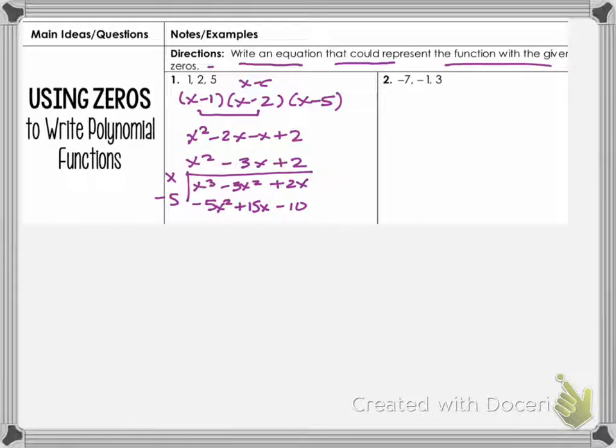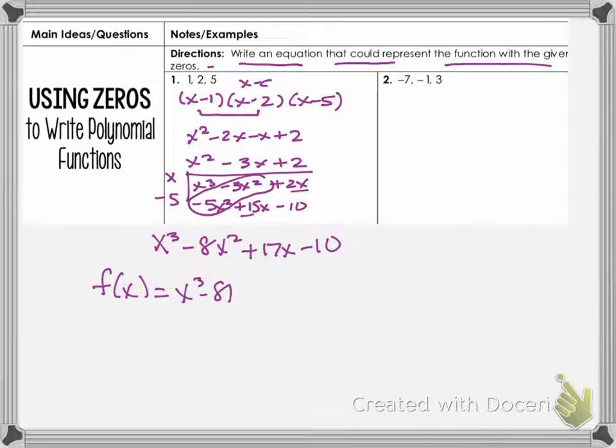So hopefully I didn't do anything wrong. You get x cubed. These two I can combine: minus 8x squared, and these two, plus 17x minus 10. Let's see, x cubed minus 8x squared plus 17x minus 10. That's right. Now it wants an equation, so you have to go f of x equals x cubed minus 8x squared plus 17x minus 10.